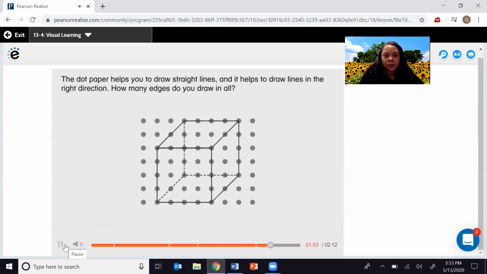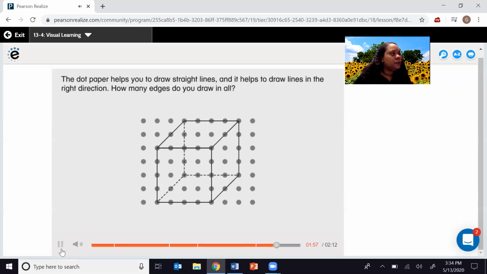Dot paper helps you to draw straight lines. So I wish I could give you guys the opportunity to try it out, but unfortunately we don't have that opportunity. But the great thing about this dot paper is it allows you to draw a 3D shape while still seeing the parts of the 3D shape we don't see. When you actually look at it in person, you cannot see this part of a 3D shape.